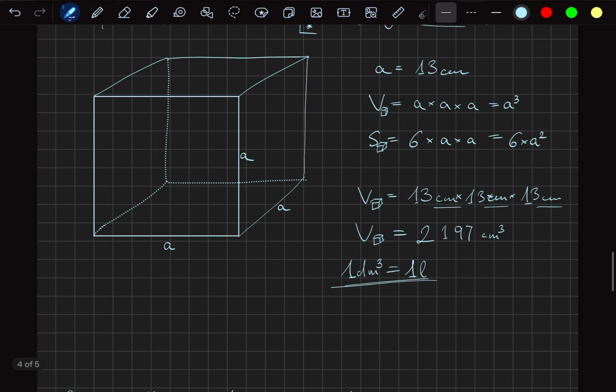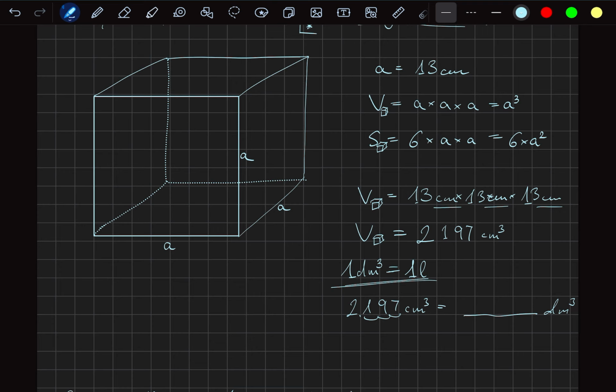So 2197, I need to change it to decimeter cube. The changing number is 1000. I go from the little to the bigger, so I will divide by 1000. 1, 2, 3.